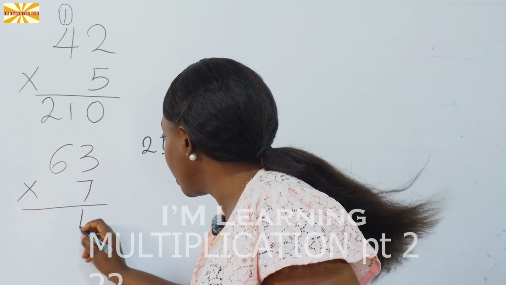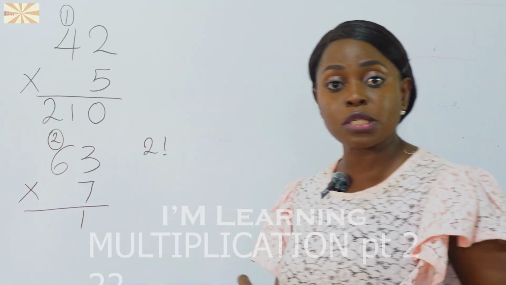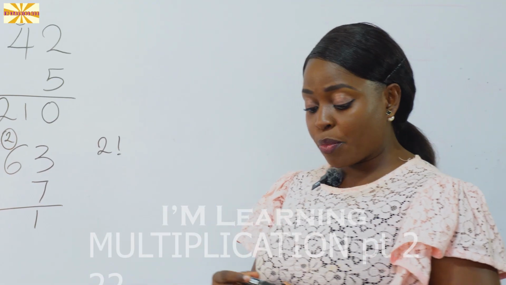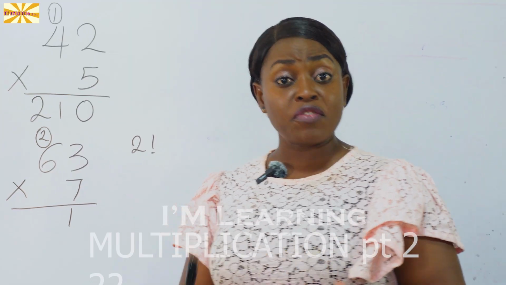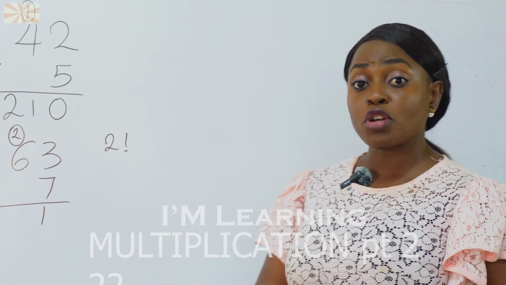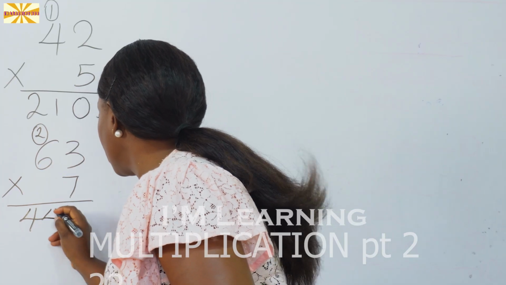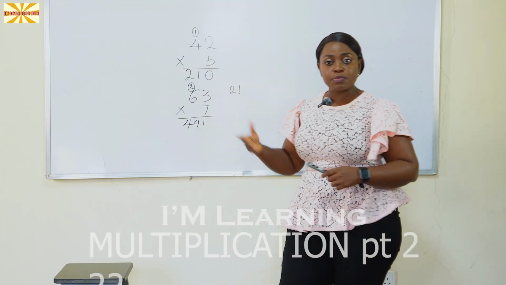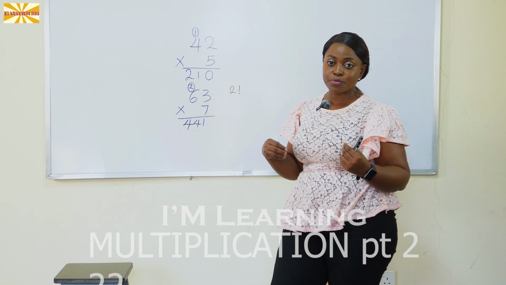So I'm going to write 1 and then I'm going to carry over my 2 to the top of 6 right there. So the next thing I'm going to do is 7 times 6. 7 times 6 is 42. 42 plus 2 is 44. And this basically is how you solve two digits by one digit questions.